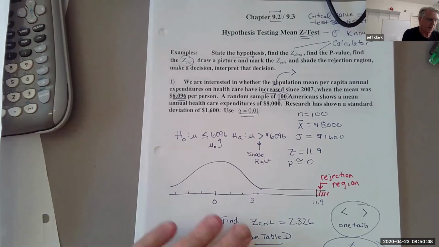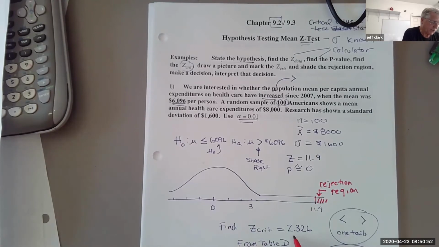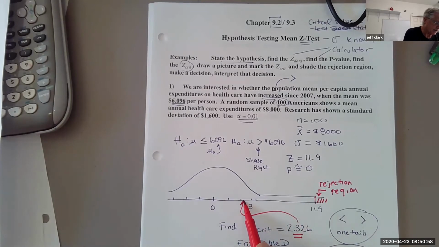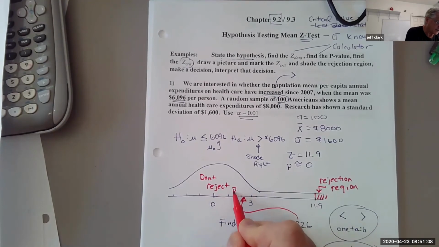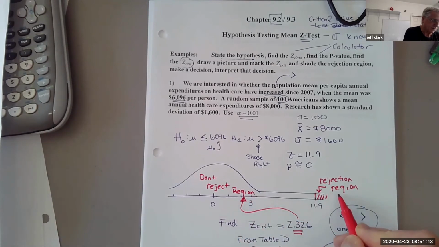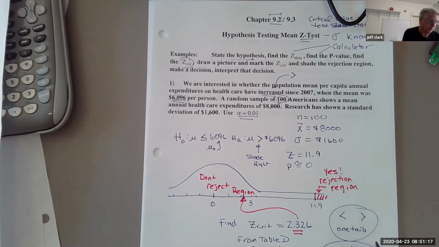So now I found that critical number, and you're going to take a look and place where 2.326 sits on this number line. And as you can see, it sits right about there. This is the don't reject region, and this is the yes, reject region.